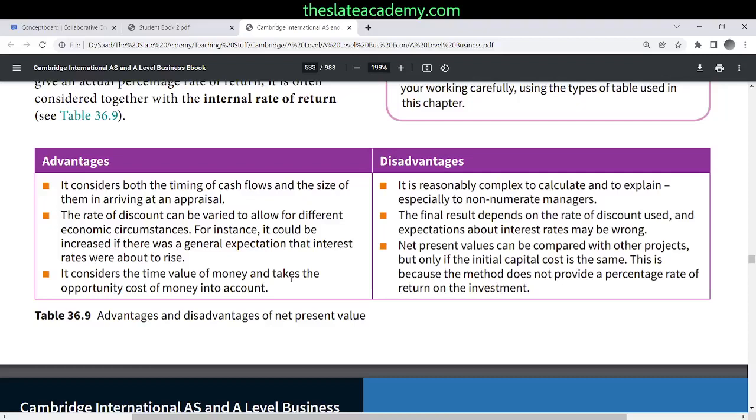It only makes sense to compare the net present values of different projects if their initial capital cost invested is the same. If initial capital investment isn't the same, then it wouldn't be as meaningful to compare the net present values of the different projects. That's it.